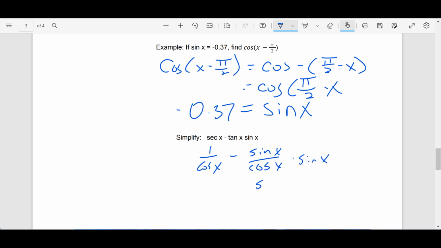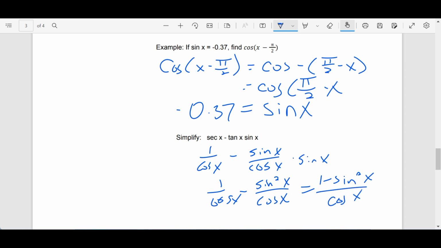Sine times sine is sine squared x. And now we got a common denominator. Look at that. Subtract, giving us 1 minus sine squared x over cosine x.